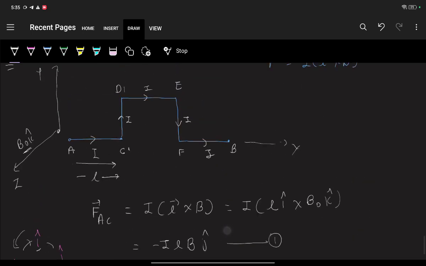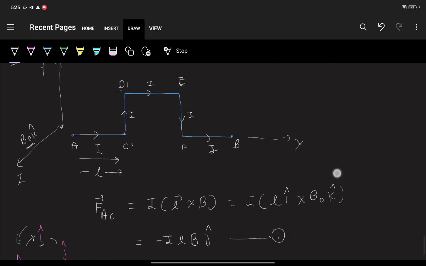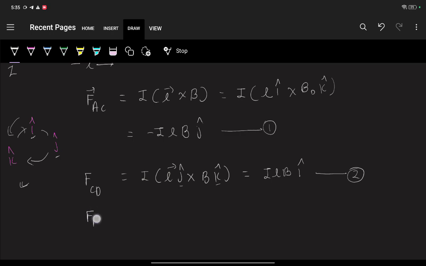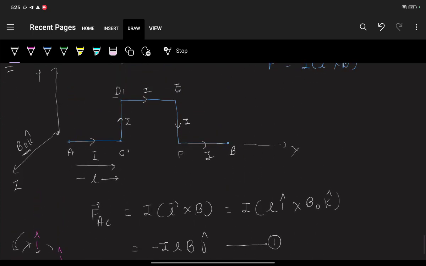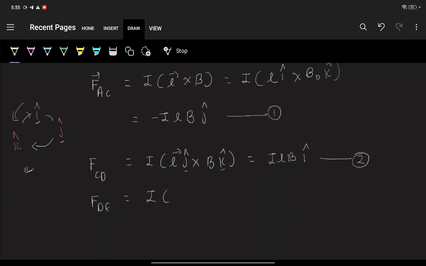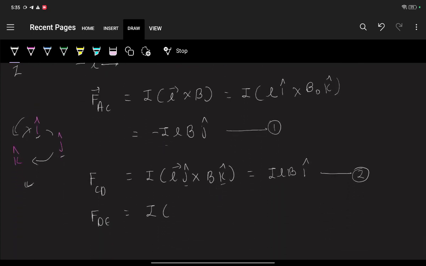Now what is the force on DE portion? It would be the same as this AC portion, because they are in the same direction. So F_DE will be equal to this, it will also be minus ILB j cap. This is the third force.